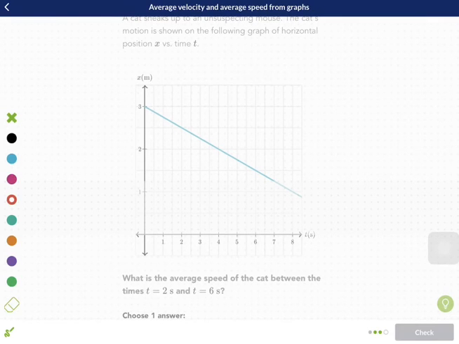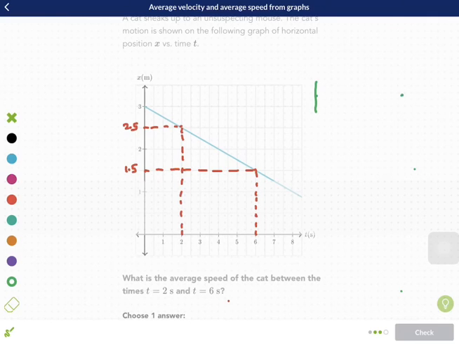So let's do this. When t equals 2 we have to find the displacement. It is 2.5, and when t equals 6 the displacement is 1.5. The displacement actually reduces. For understanding, we are measuring the distance from here.